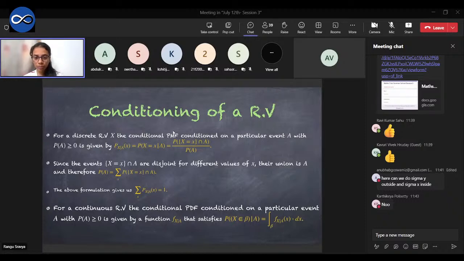Just replace the normal PDF by the conditional PDF, as it is the conditional probability. That's the only change in the formula.